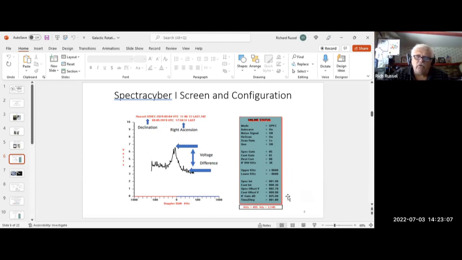Now I can change the voltage settings on this so it doesn't saturate. The one problem I have with the current setting is too much signal. It only goes to 10 volts, so it saturates at the top, and then comes back down, but it's flat on the top. The problem with that is you can't get the peak, and you're interested in the actual frequency the peak is at.